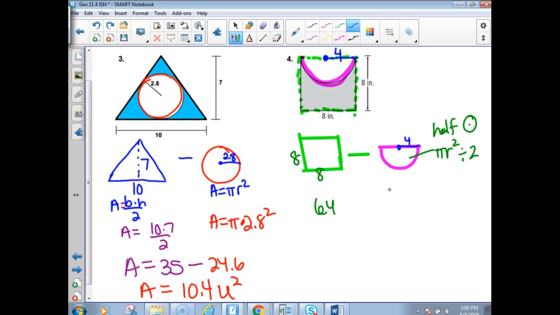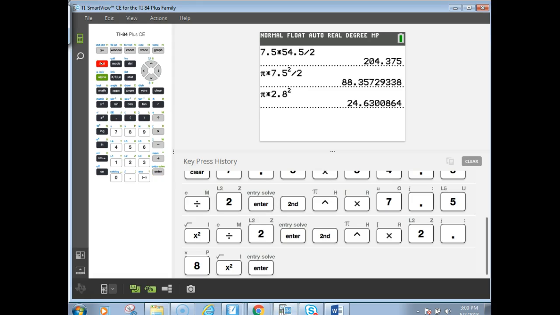All right, so we're going to do pi times 4 squared divided by 2. Pi times 4 squared. You have your pass divided by 2.